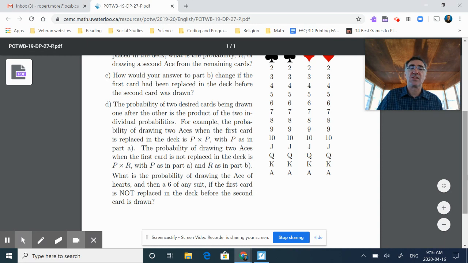And then I have 6 of any suit. But how many 6s do I have available? I would have 4. But how many cards do I have left if it's not being replaced? I'm talking about 51. Putting that down in lowest terms again, of course. And I'm going to multiply those 2 together and get my answer for D.